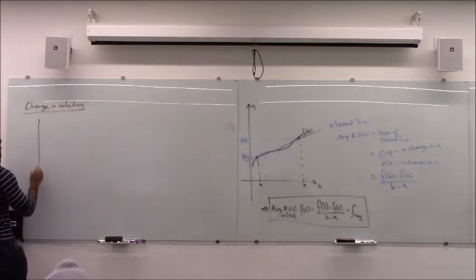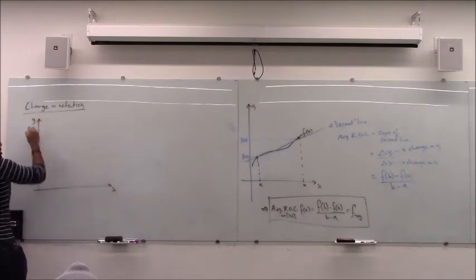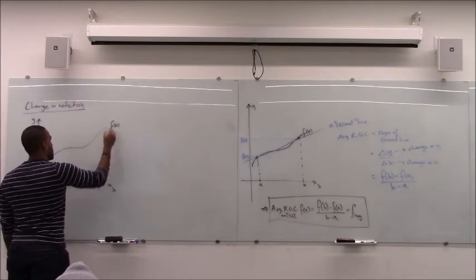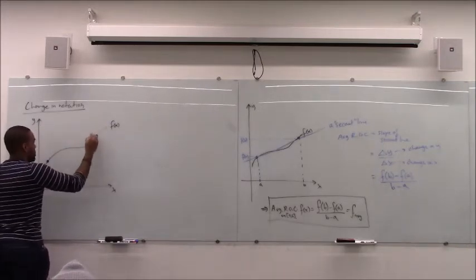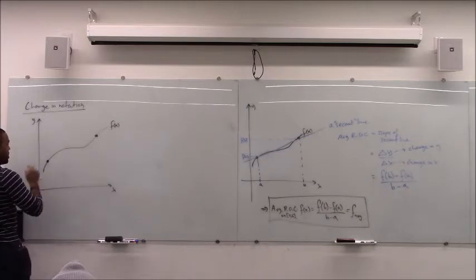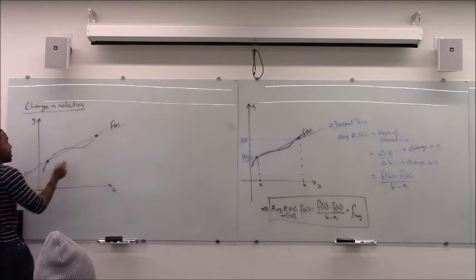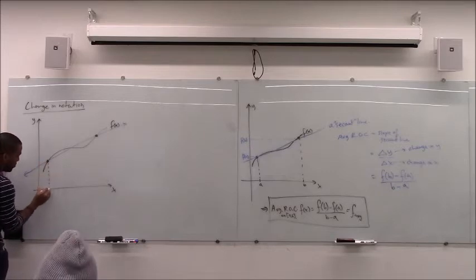So we're looking at the same idea. Same function, everything the same. So f of x, these are the points of interest, and connecting them with a straight line. But this time we're going to do the labeling a little differently.